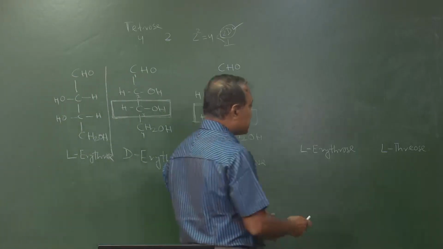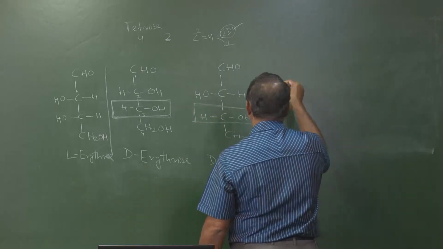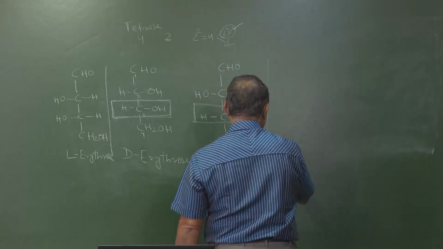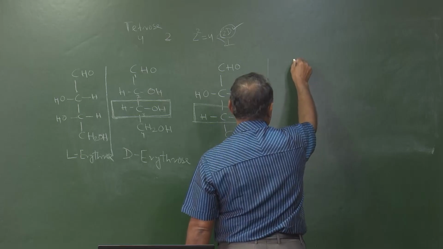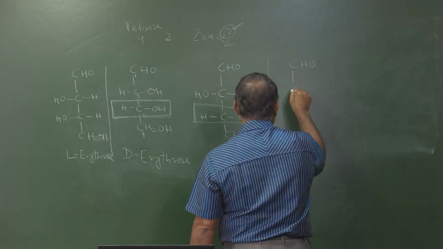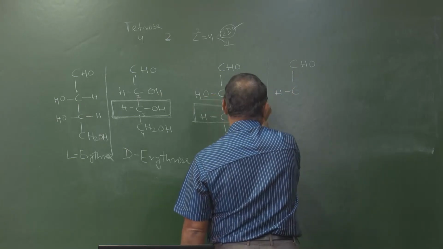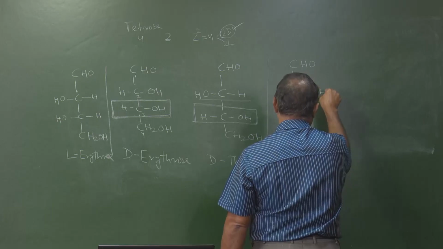Now how to get this L threose? I put again a mirror here and I get the structure, CHO, and H this side, just the mirror image of this one, and OH this side.